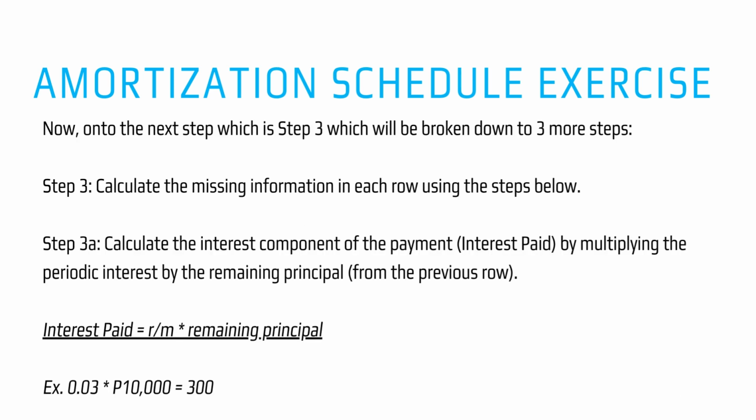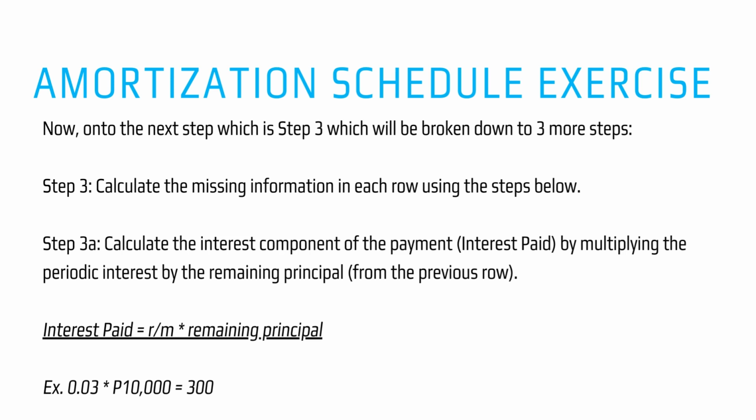Now on to the next step, which is step 3, which will be broken down to 3 more steps. Step 3. Calculate the missing information in each row using the steps below. Step 3a. Calculate the interest component of the payment. Interest paid is calculated by multiplying the periodic interest by the remaining principal from the previous row.